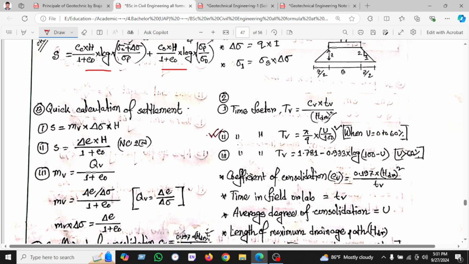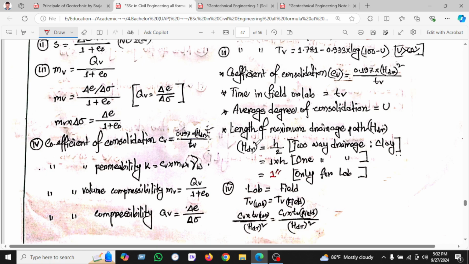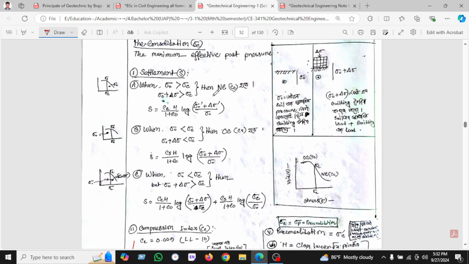The time factor is Tv equals Cv times t over H squared, and Tv when U is from 0 to 60%, and when U is greater than 60%. The length of the drainage path is H divided by 2 when there is two-way drainage. Okay, let's see here.